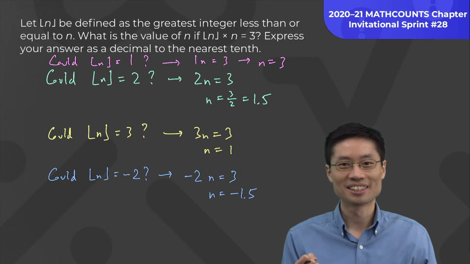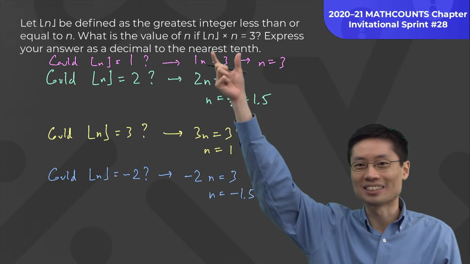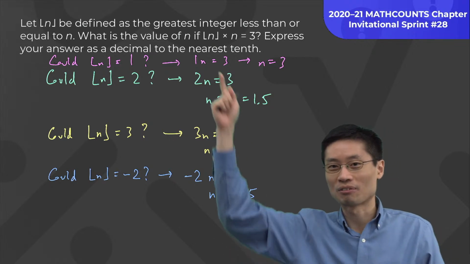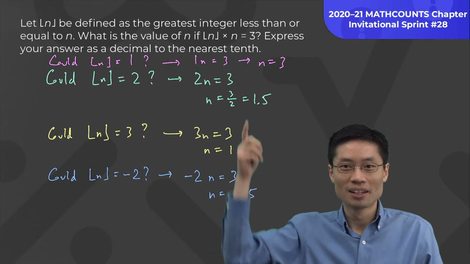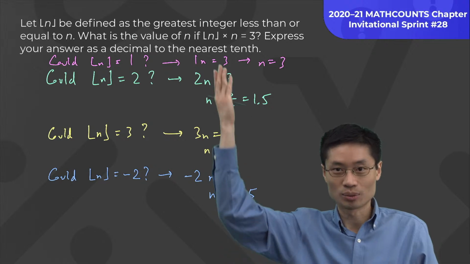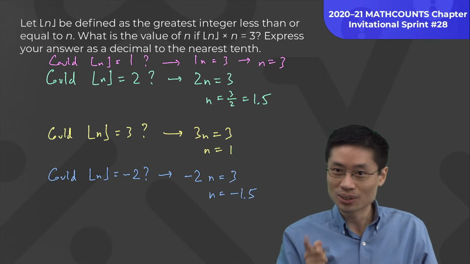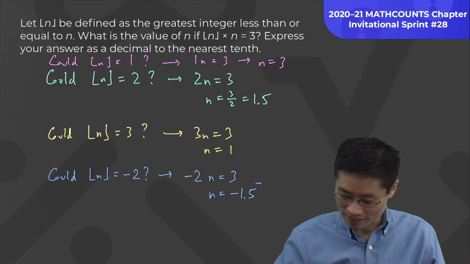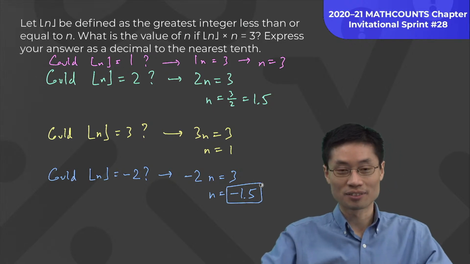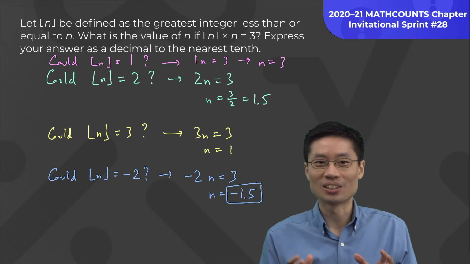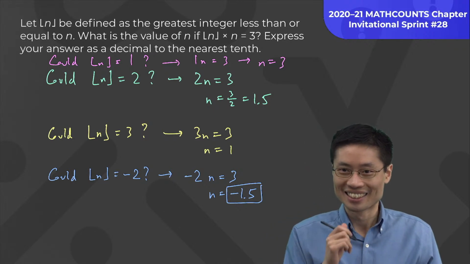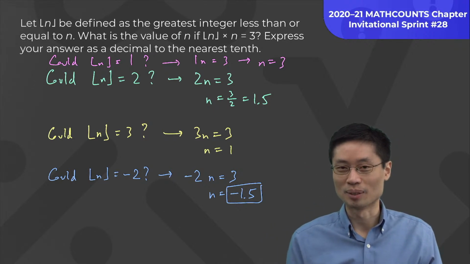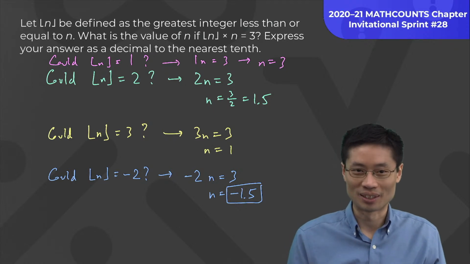This is tricky. And so what I found out is that actually works. N equals -1.5, round it down, you get -2, and times -1.5 is actually 3. 2 negatives make a positive. So I found out that the answer is -1.5. Don't forget to go and check the negative things, okay? Whenever you do these kinds of problems. Let's see if that's right, first of all.